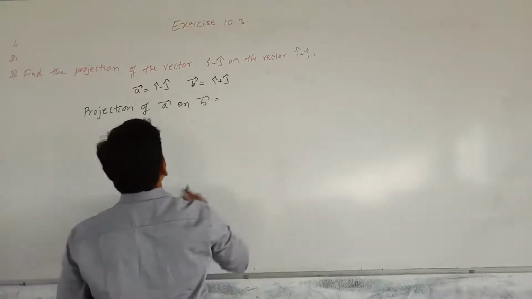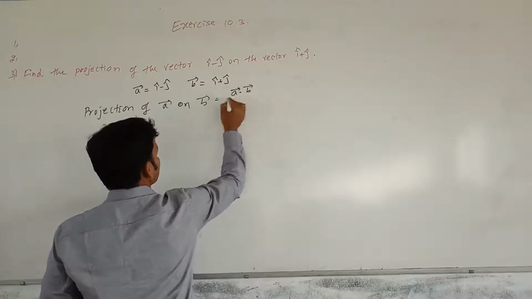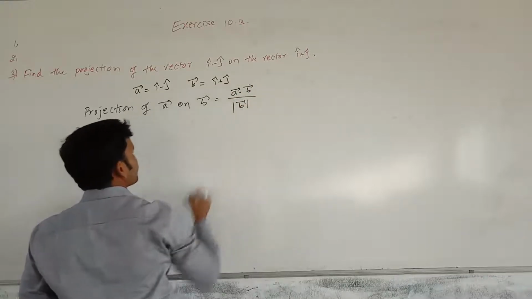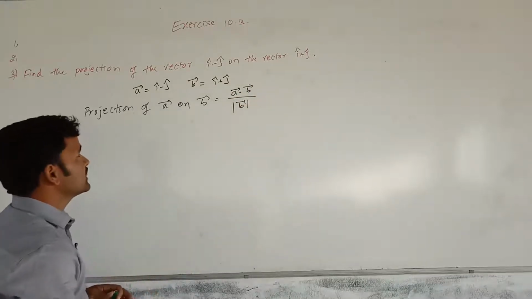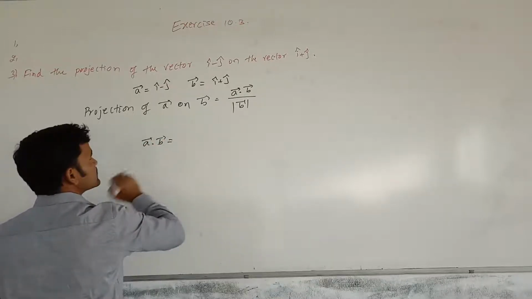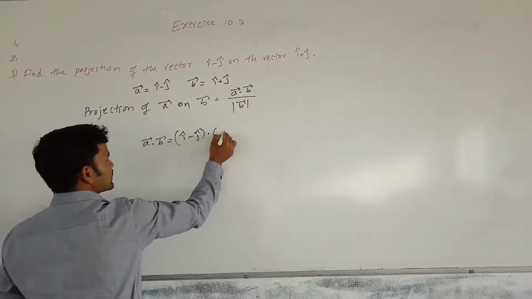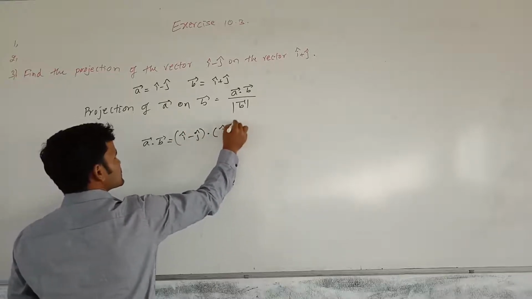Projection of A on B is nothing but A dot B divided by magnitude of vector B. Let us find out A dot B first. A dot B is equal to i minus j, in dot product with i plus j.